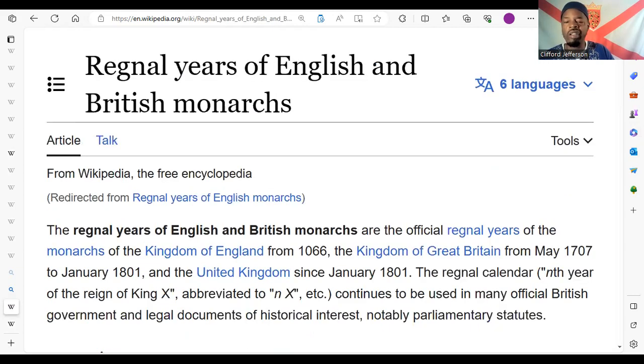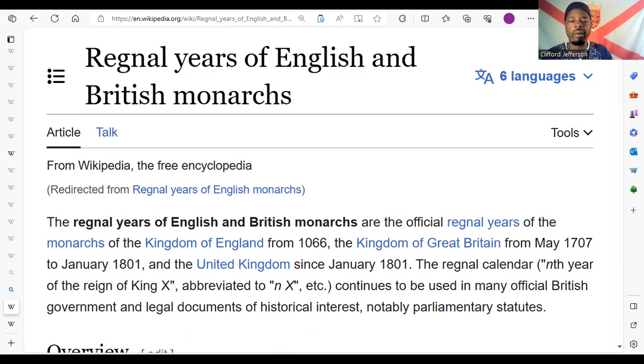And this transitions on to present day. The Regnal years of English and British monarchs are the official reigning years of the monarchy of the Kingdom of England from 1066, the Kingdom of Great Britain from May 1707, i.e. the Treaty of Union, when England united with Scotland, and then 1801 with Ireland.